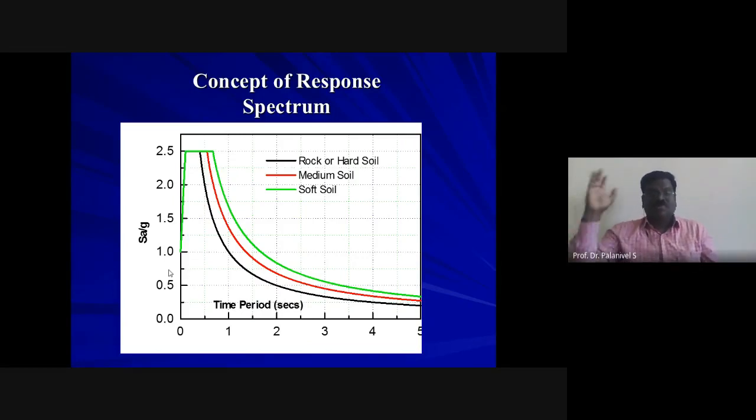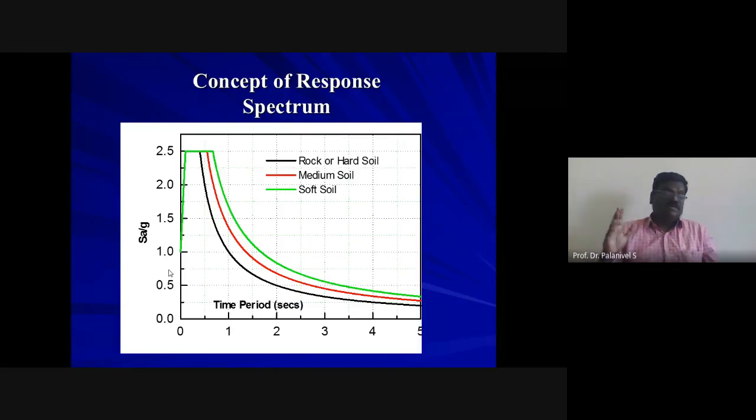Take a still longer period structure like a very tall chimney, or tall structures. Many tall buildings are constructed abroad, 50 story, 100 story, 150 story. Buildings more than 150 meters in height are classified as tall buildings abroad, as per the foreign codes of practice.